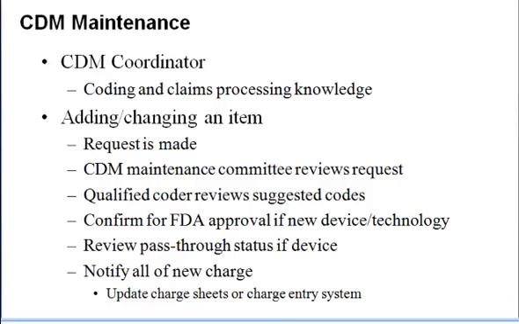A qualified coder reviews possible code choices. They confirm FDA approval if it is a new device or new technology. Review pass-through status if it is a device. And then if that request is approved, they notify all, generally department heads, of the change.